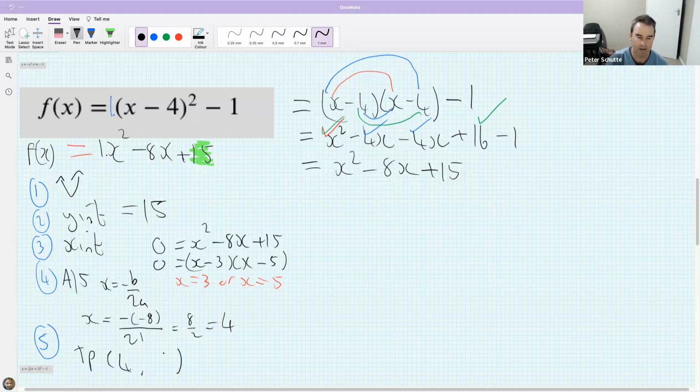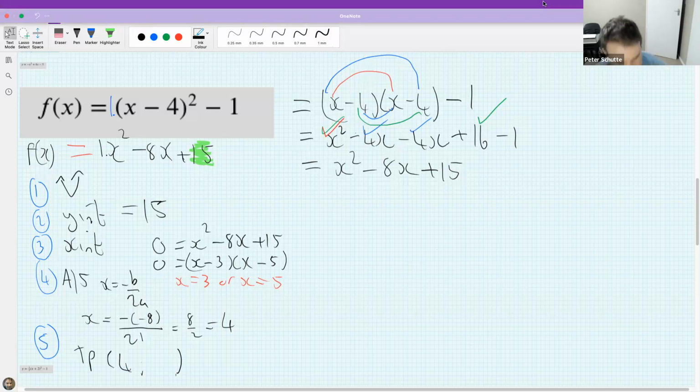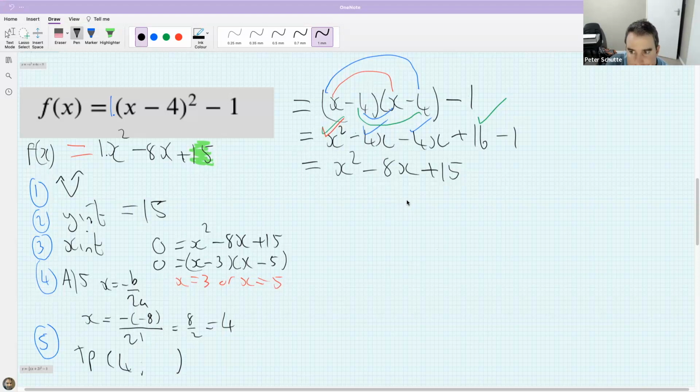Now, what is my y value going to be that goes with that? I could put it back into the original or the standard form. They'll both work. It looks to me like it might be quicker to put it into this one, but they're the same thing. If you put it into that one, it's a bit easier. You actually get -1.